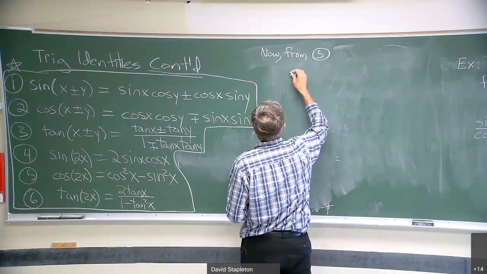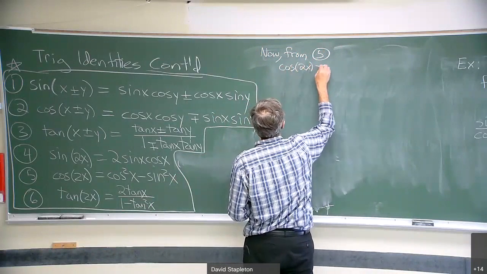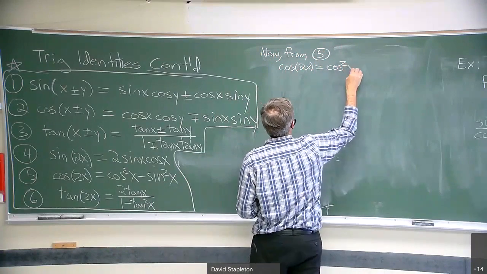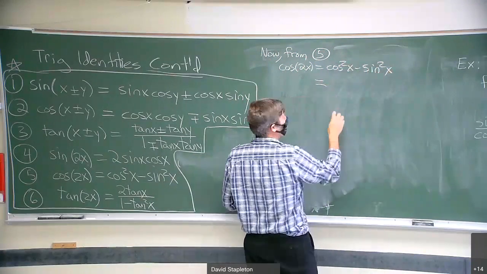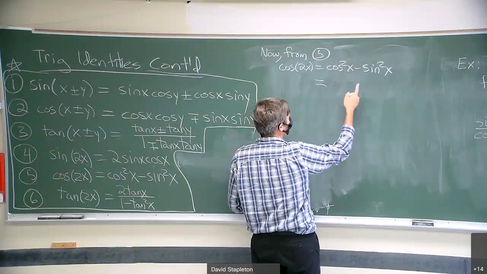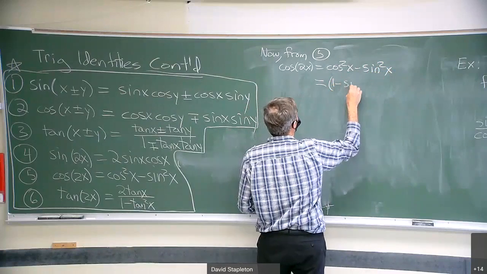Let's say this. From equation 5, we have the cosine of 2x is equal to cosine squared x minus sine squared x. But by the Pythagorean identity, sine squared plus cosine squared equals 1. Cosine squared can also be written as 1 minus sine squared.